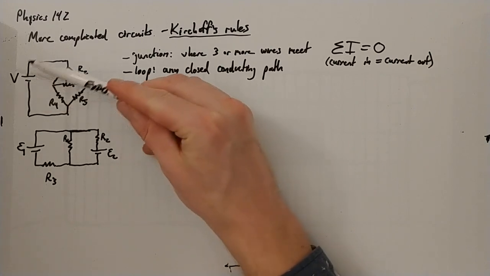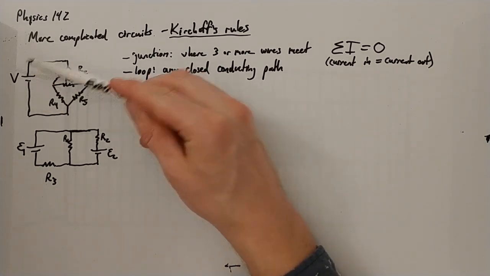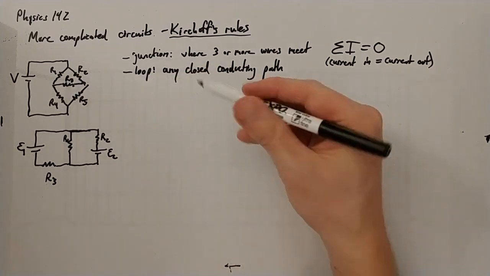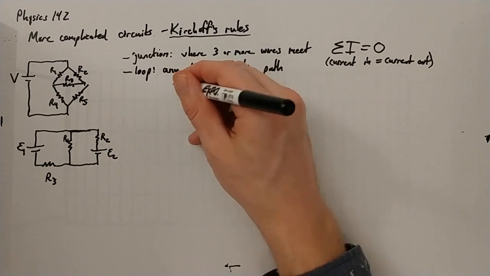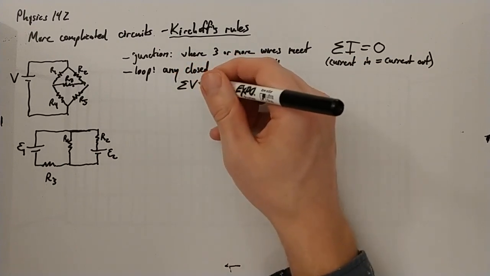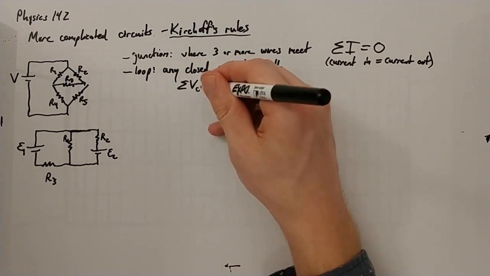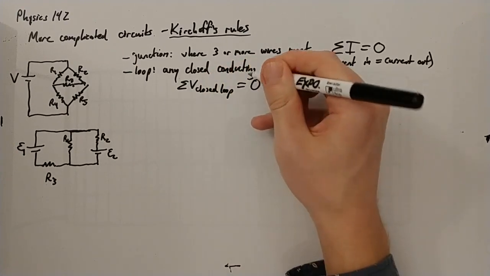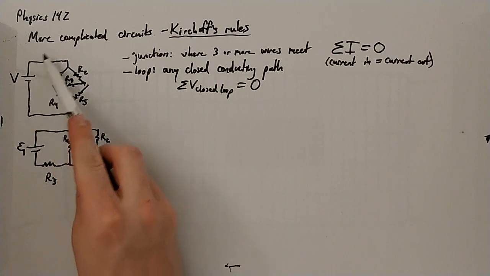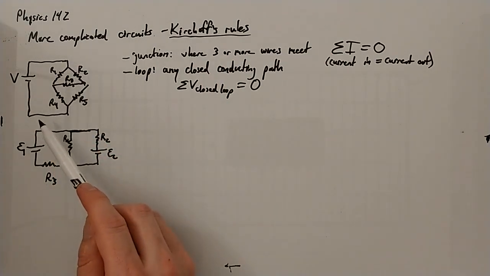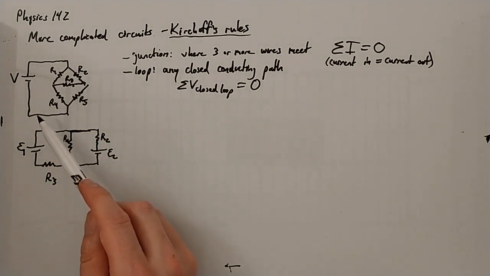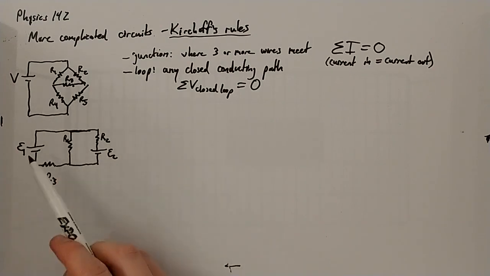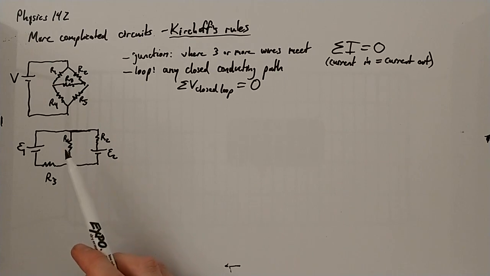So if you add up all of those potential changes, gaining positive potential and then losing potential, then you get 0. So adding up all the potentials on a closed loop you get 0. Or basically, you have to get back to the potential where you started. So that's Kirchhoff's loop rule. It says when you add up all those potentials in any loop, you have to get 0.